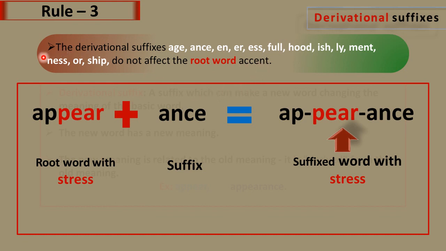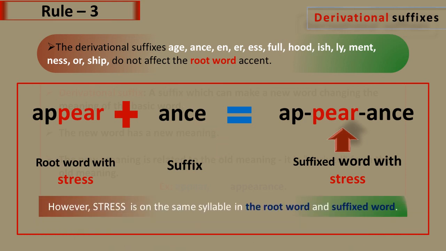From inflectional suffixes and derivational suffixes, we have to understand a common thing: those two don't affect the root word stress, but inflectional suffixes make a new word, and derivational suffixes also make a new word. Inflectional suffixes don't change the meaning of the root word, but derivational suffixes change the meaning of the root word. Do you understand? Right. However, the stress is on the same syllable in the root word and suffixed word. Do you understand?